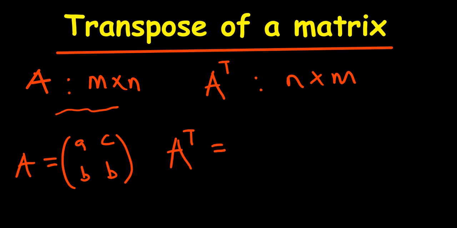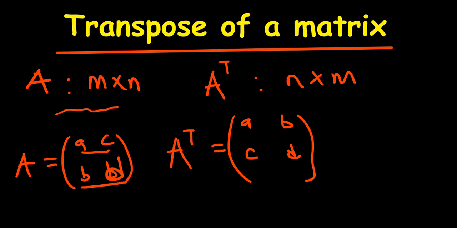So it will be A C. It was a row here that has become a column. And then this B D here, this should be D. This B D here, it was a row, it will become a column like that. So you can see that we've just interchanged the rows and the columns. So that's what a transpose is.